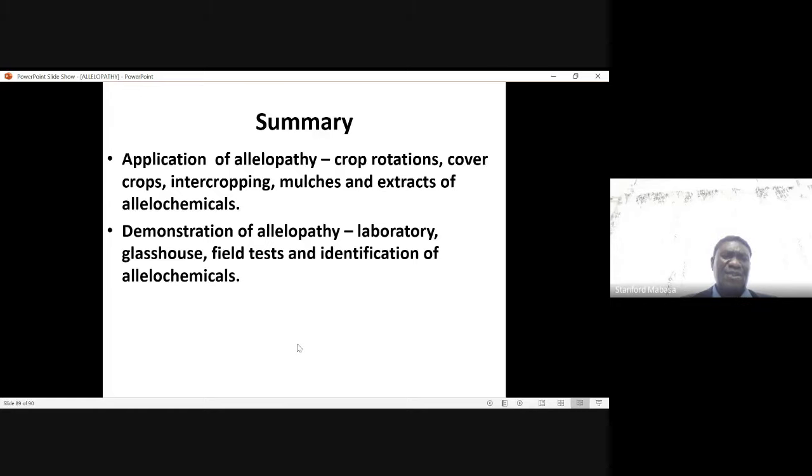Then we looked at the demonstration of allelopathy in the laboratory, glasshouse, field tests, and the actual identification of allelochemicals, because it will be necessary to identify these allelochemicals. Maybe they may end up being used as herbicides. Herbicides could be synthesized from these products. So this is it on allelopathy.